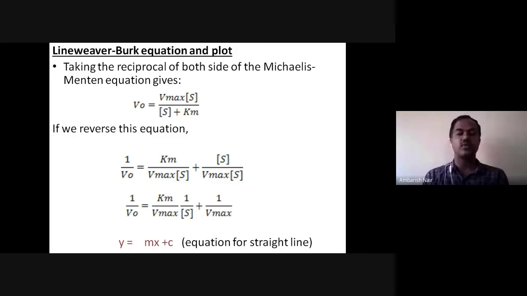So V naught becomes 1 by V naught. Next is Km by Vmax into S, plus S naught divided by Vmax into S. I hope it is correct.